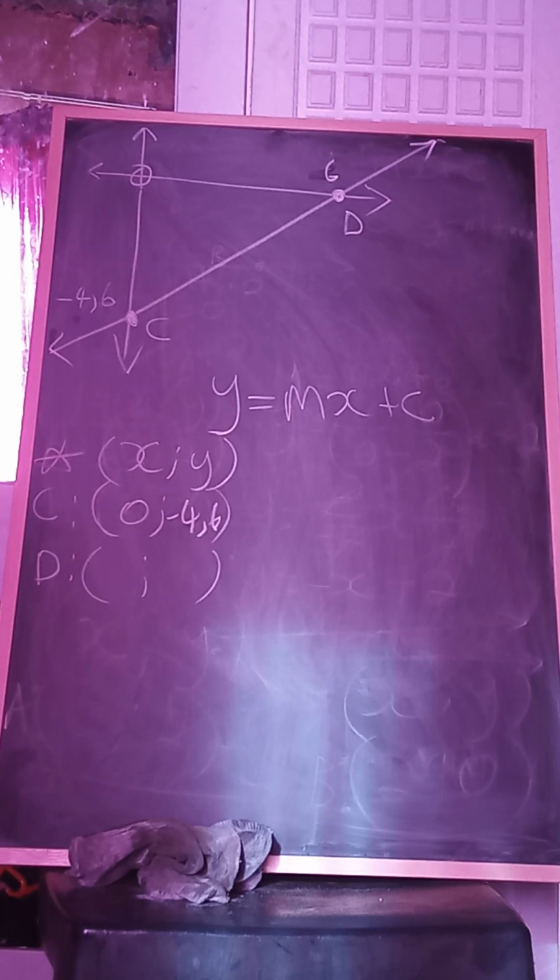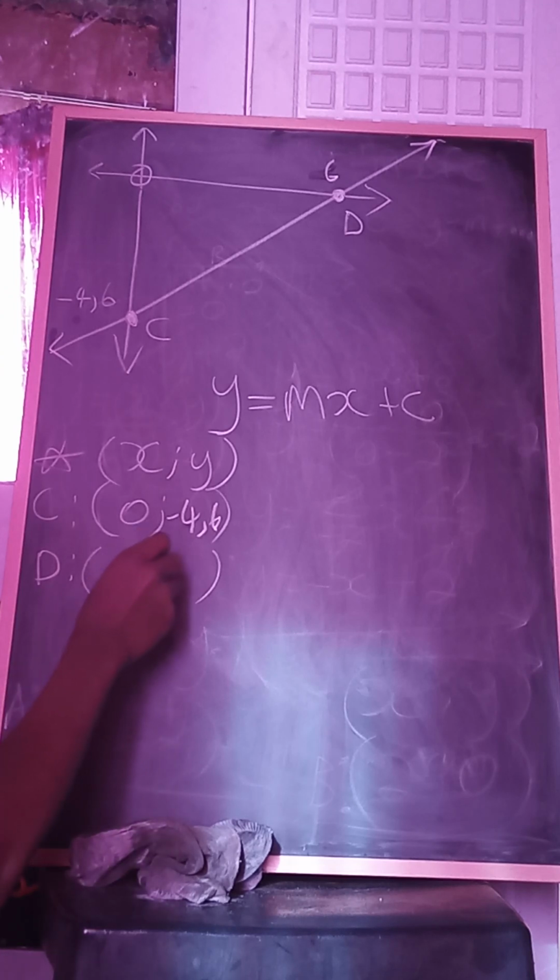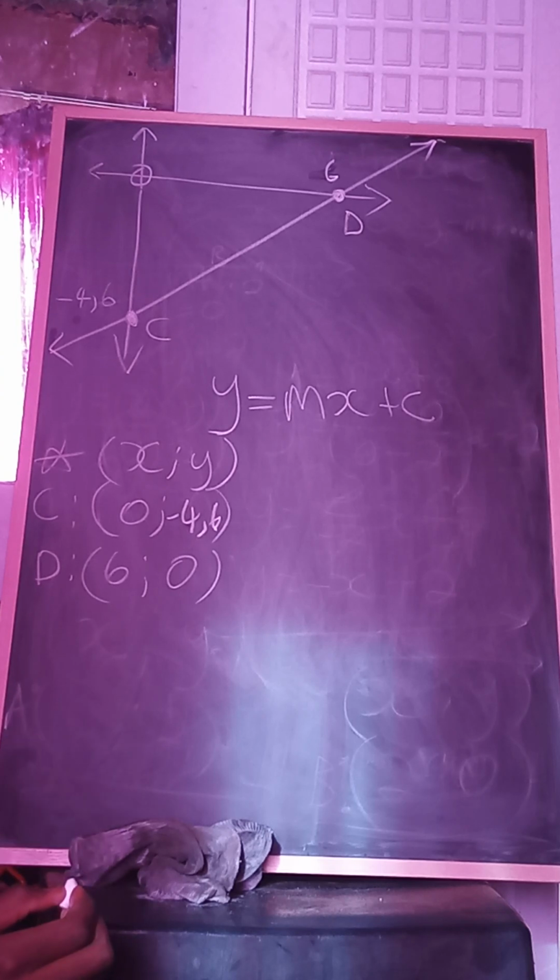Then on your D, on the y you'll have to place 0 and the 6 on the x coordinate.